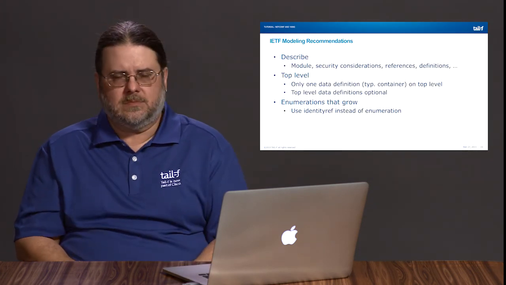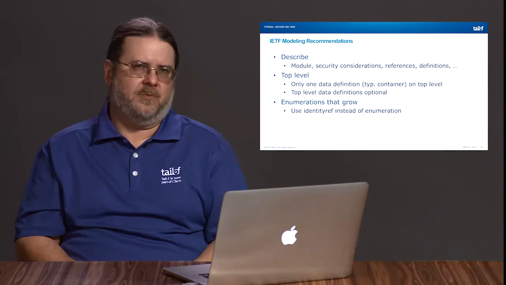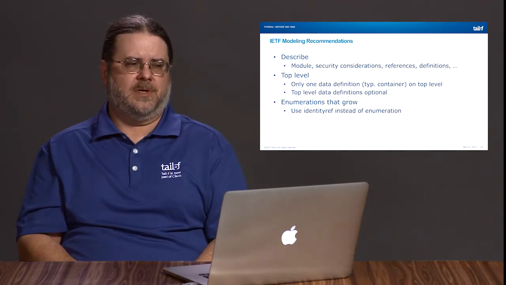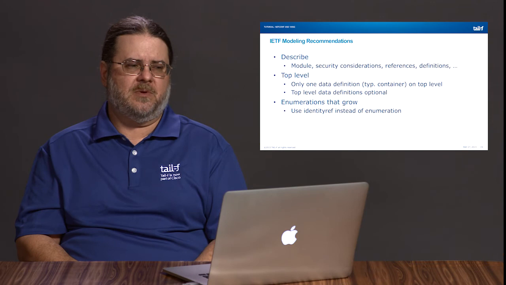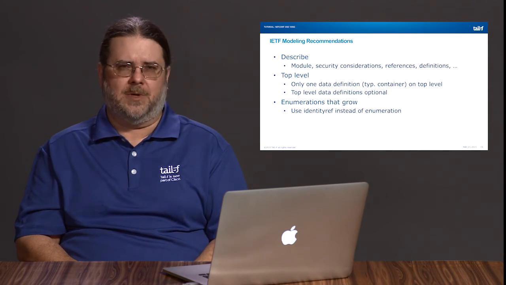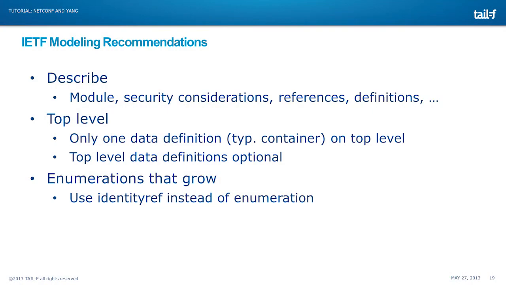Also, a best practice past revisioning properly your models is IETF does provide modeling recommendations through one of the RFCs. Some of the modeling recommendations for best practices are make sure that you properly document and describe. You've seen the description statement in the Yang through this tutorial where we've had short descriptions for the purposes of example.